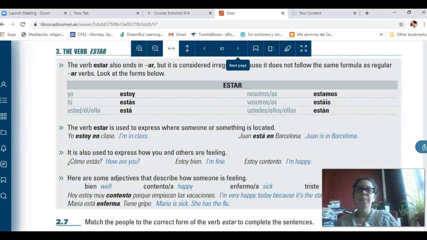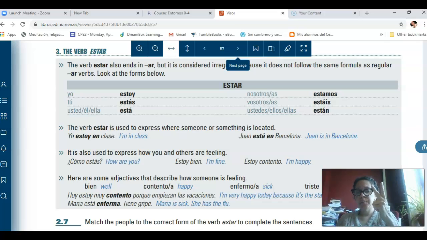In English, the meaning is to be, but in Spanish, the definition will be location. It's going to be used to express location. Okay? So location, but also how you feel in a particular period of time.